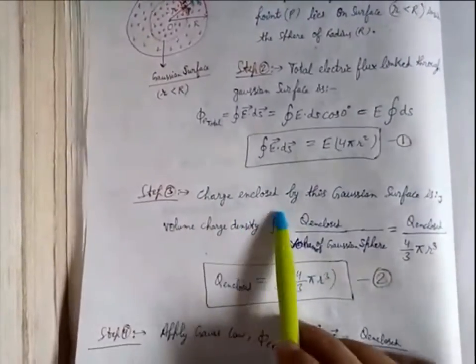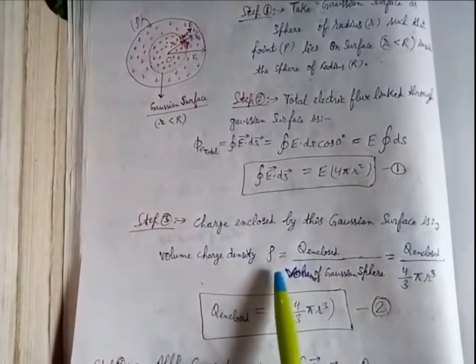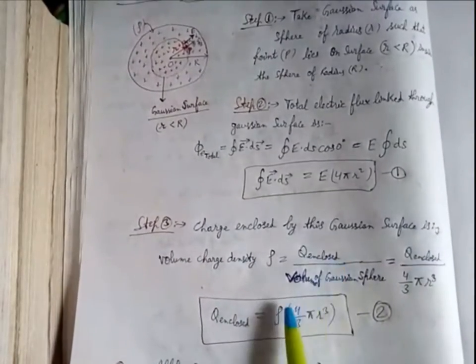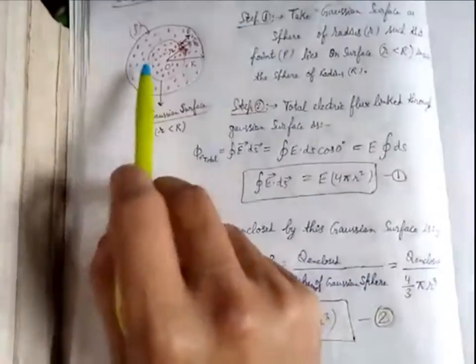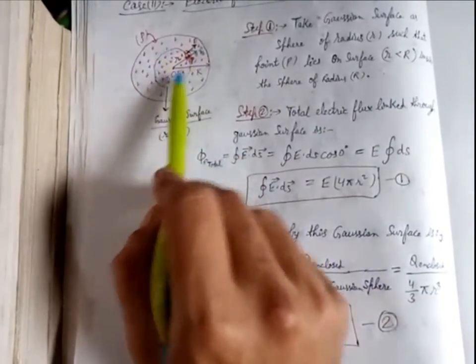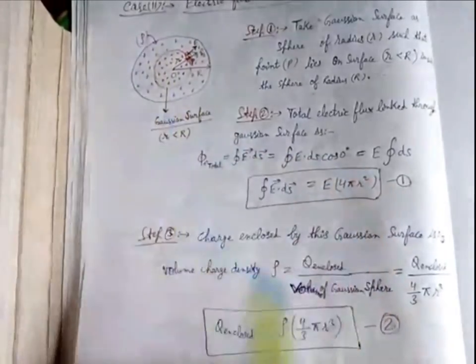Now step third, the charge enclosed by this Gaussian surface. The volume charge density rho is equal to charge enclosed q upon the volume of the Gaussian surface. So in this we have to take only the volume of this Gaussian surface, not the complete volume of this spherical shell.